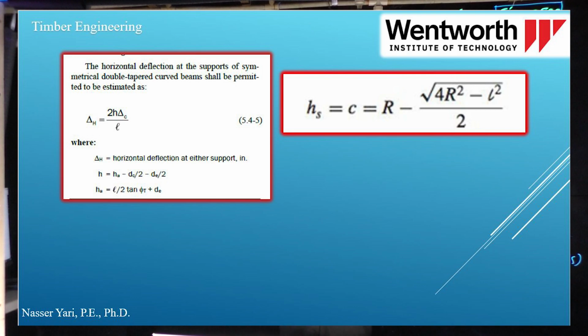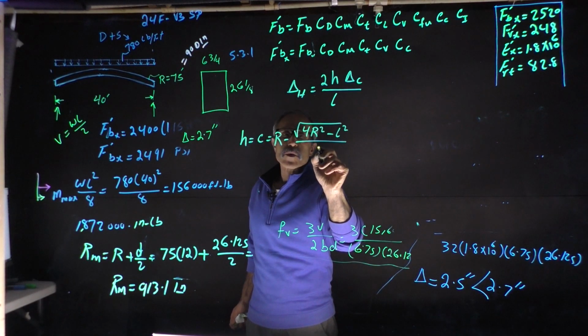Okay, we don't know what H is. To calculate H, there are 2 different ways we can do it. One way is H is given by this formula. This is from the old code, I believe. Some places call it H, some places call it C, depending on how you're going to see it. And that's equal to radius minus the square root of r squared minus L squared divided by 4.